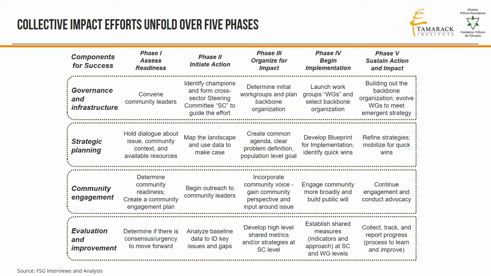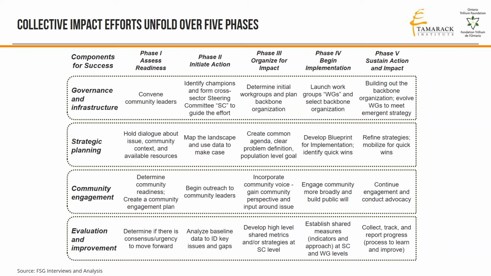And then the final component for success is evaluation and improvement, which ties nicely into shared measurement. If you overlay these components for success on the 5 conditions of collective impact, governance and infrastructure ties nicely to the condition of backbone support. Strategic planning ties into shared measurement and mutually reinforcing activities.